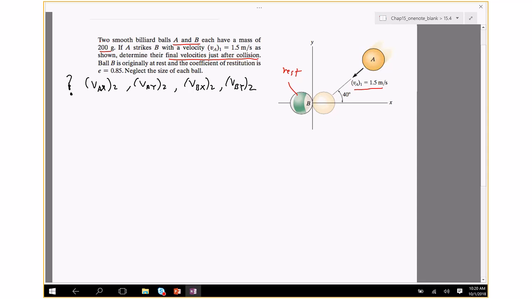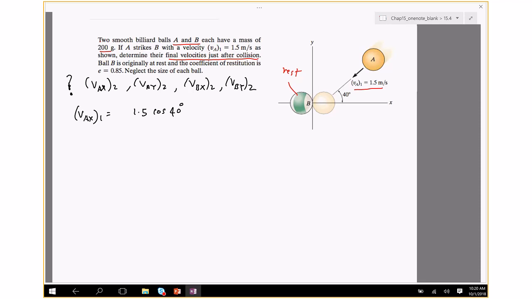Let's get started. Before we do that, let's resolve the velocity of A in the x direction before impact. That's going to be 1.5 cosine 40 degrees. Now here's something you want to do, and this will avoid you getting the wrong answers: always stick to a sign convention. When you have velocities going in the positive x or y direction, take that to be positive.